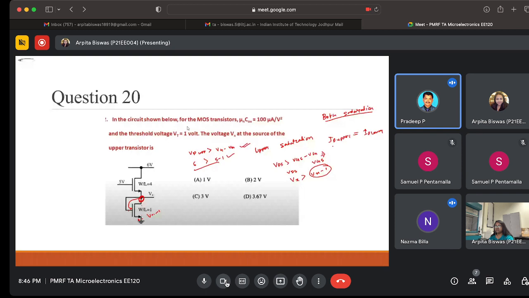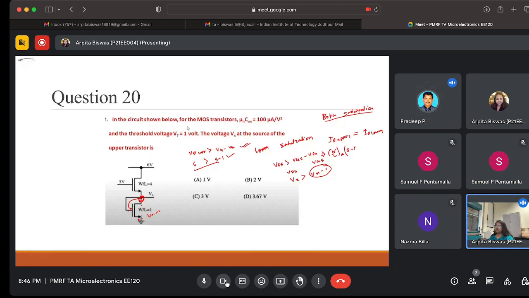Okay, so we can cancel out this mu and Cox from both sides now. There is a W by L on the upper side, into 4 times. Then what is the value of VGS, 5 minus 1?